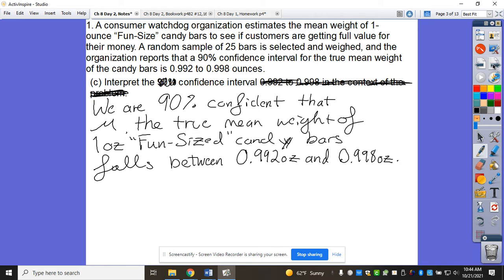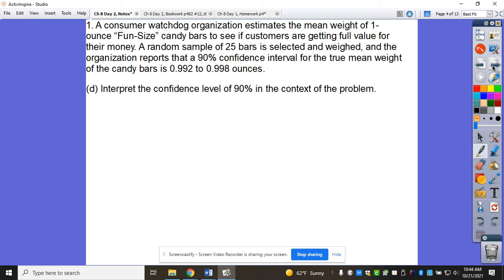As opposed to my other interpret sentence, this one wants me to interpret confidence level. Well, that's just the percent. So if I'm talking about the percent, I'm not going to be talking about where my green dots actually were.